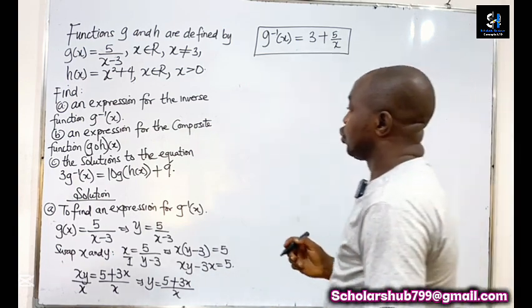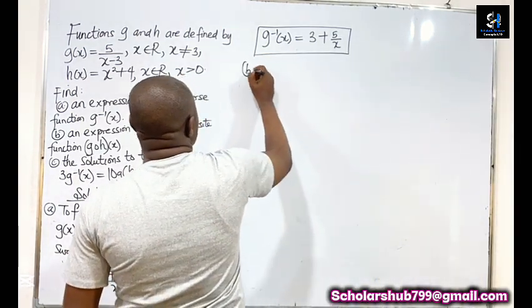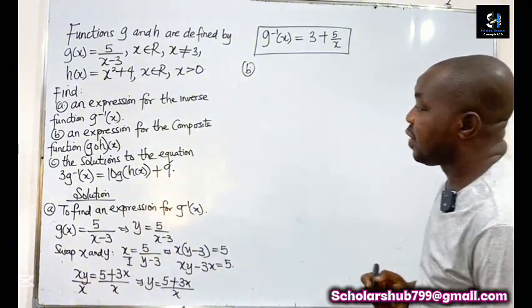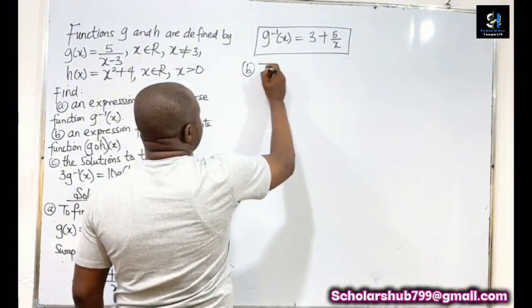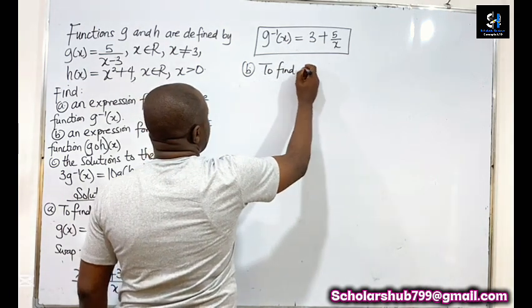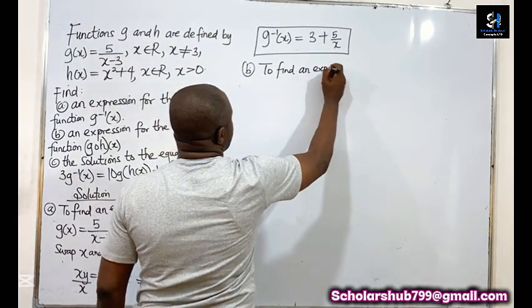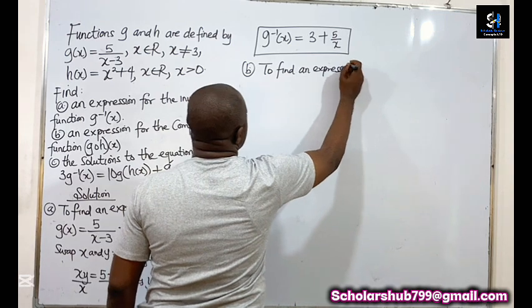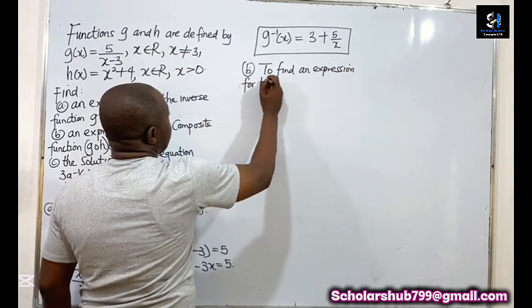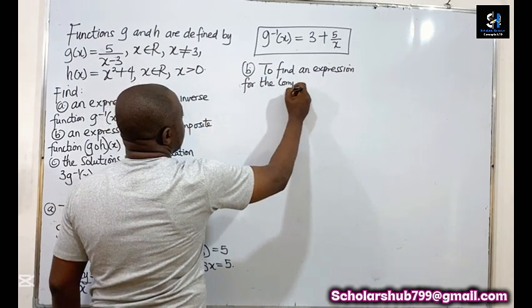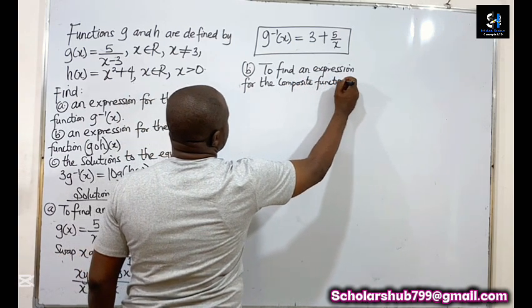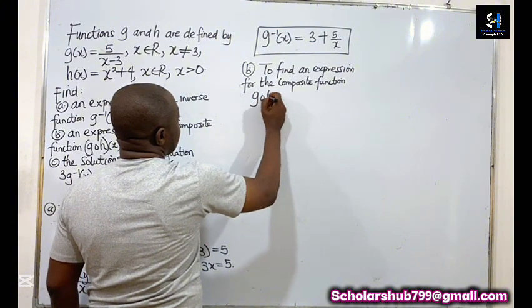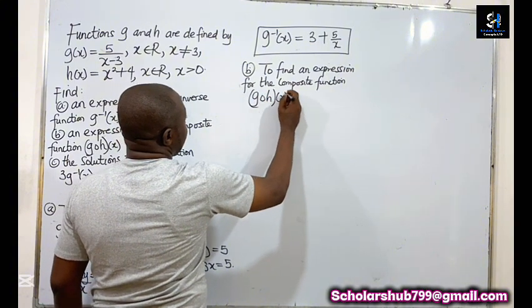Okay, so B, find an expression for the composite function gh of x.